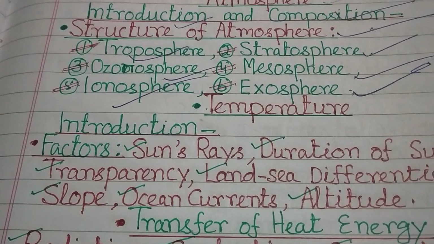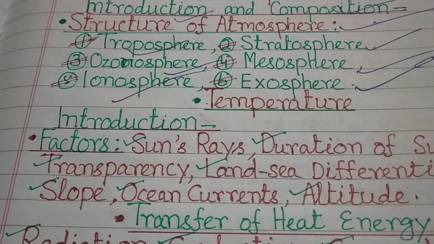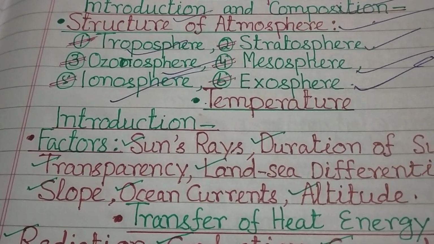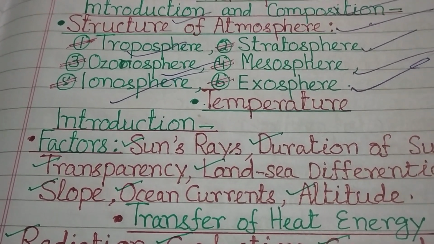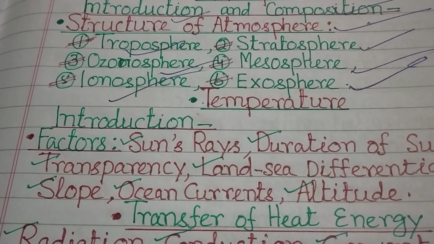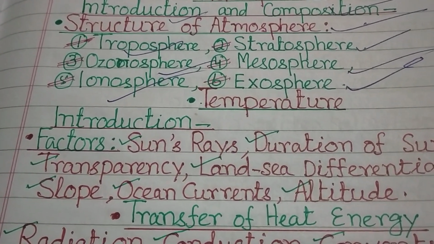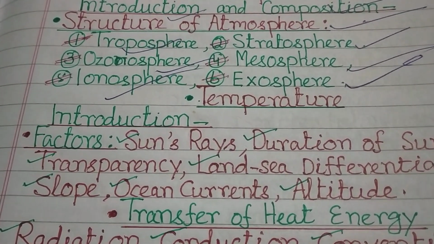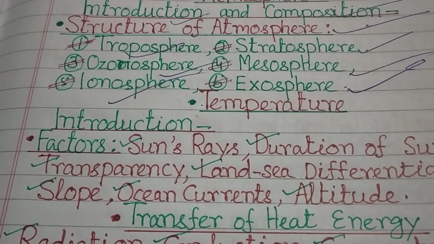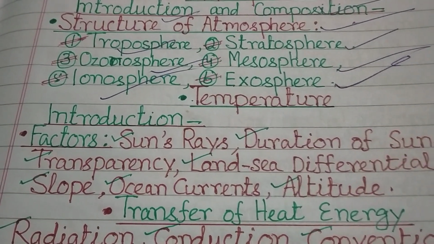The temperature in this layer remains constant for some distance but then rises to reach a level of 0 degrees centigrade at 50 kilometer altitude. This rise is due to the presence of ozone. Sometimes cirrus clouds are present at lower levels in this layer.